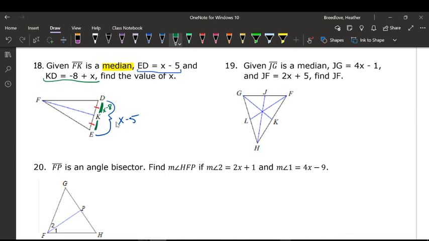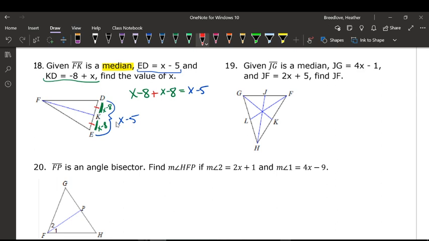So if one side is x minus 8 and they're the same, this side is also x minus 8. So I can make an equation, x minus 8 plus x minus 8 is going to equal x minus 5. So if I add the 2 pieces together, they make the whole thing, which is segment addition postulate, if you remember that.